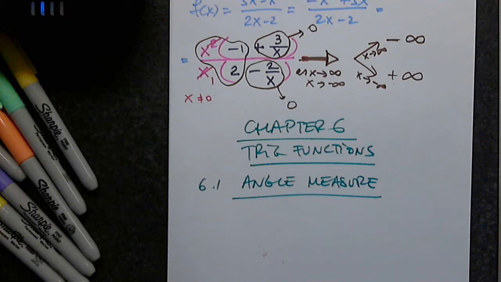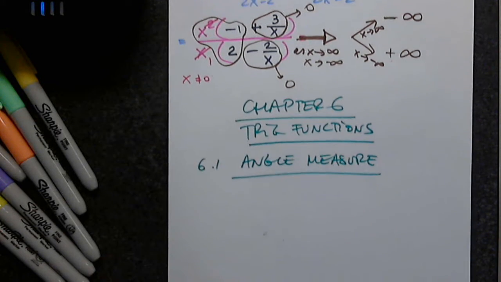We talk about angles and how we measure angles. We're going to look at the length of a circular arc and the area of a circular sector. That's all we're going to cover here. Okay?